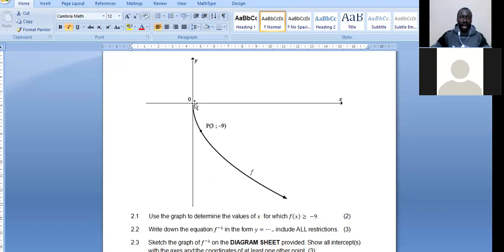Then when we decrease to 1, we drop a line here. The value of the function is going to be something like negative 5. And those values are greater than -9.